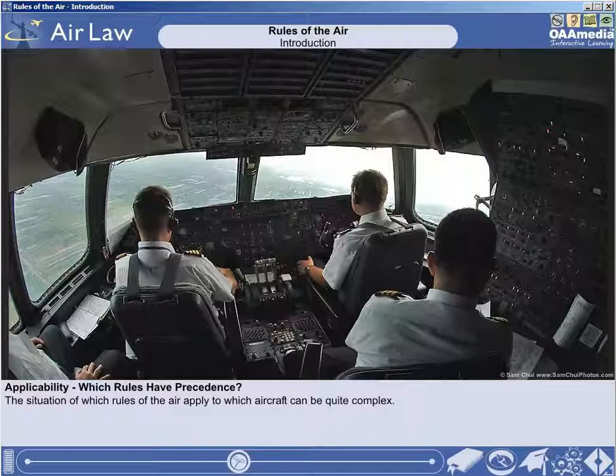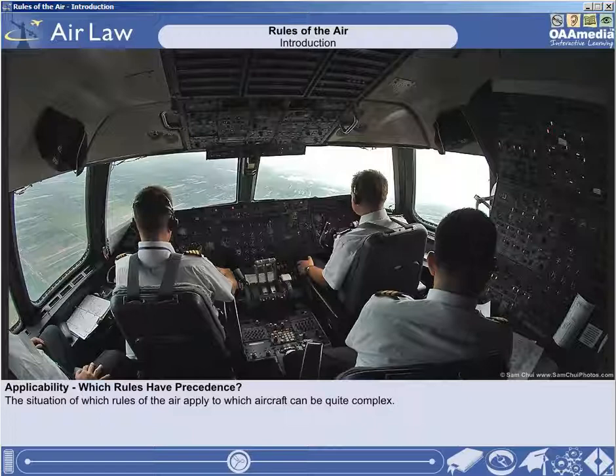The situation of which rules of the air apply to which aircraft can be quite complex, because many member states, such as the United Kingdom, also require that their own registered aircraft observe the UK national rules wherever they fly, as well as complying with the rules of the air of the state in whose airspace the aircraft are flying.